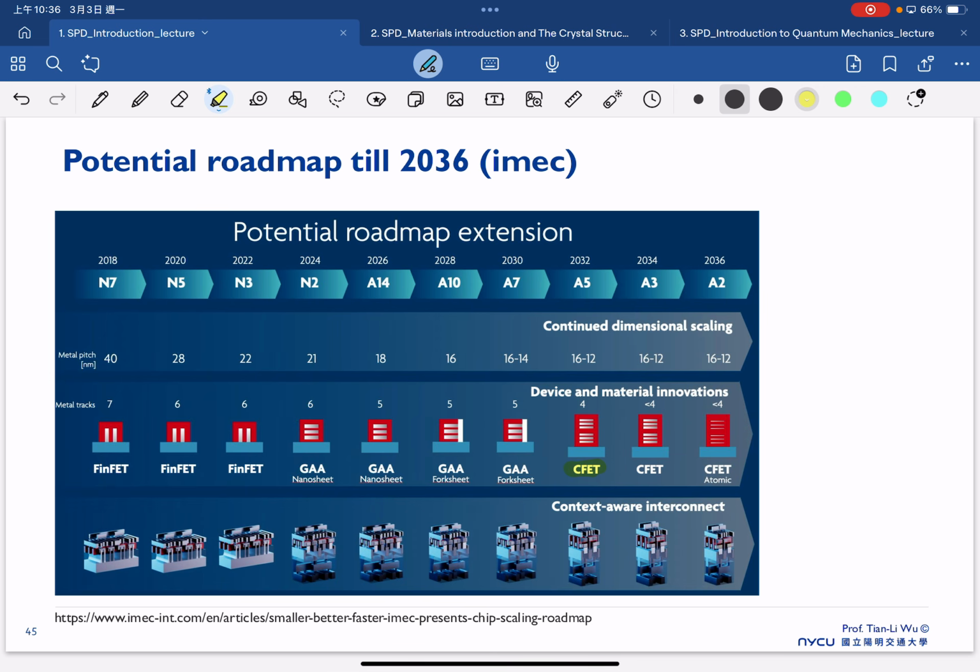So based on CFET, we can have technology further beyond the gate-all-around and beyond the FinFET. This kind of CFET or new technology has also already been mentioned in lots of different places.